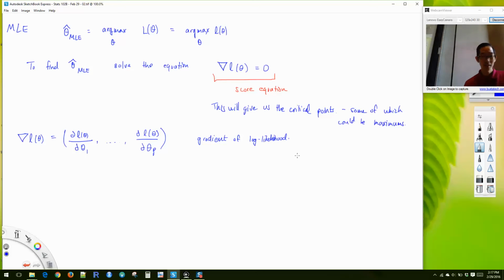And then our Hessian, we're just going to call this the Hessian of the log likelihood.